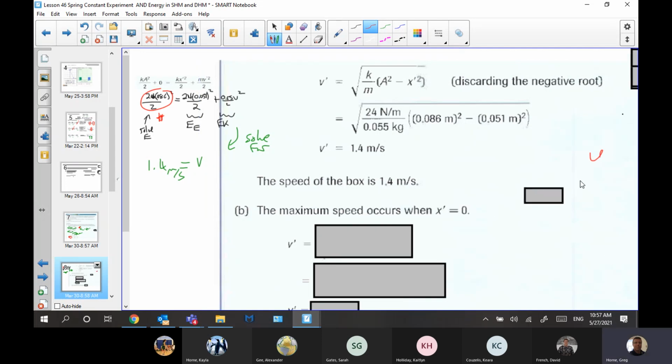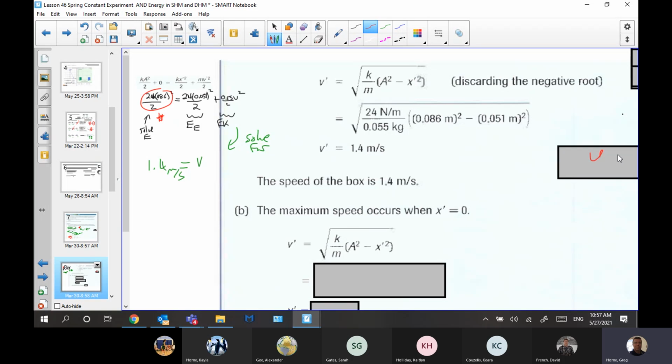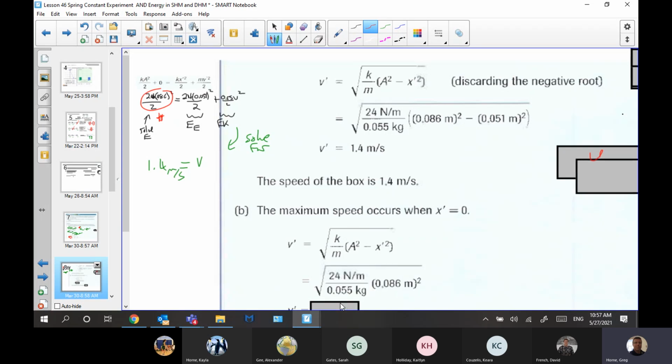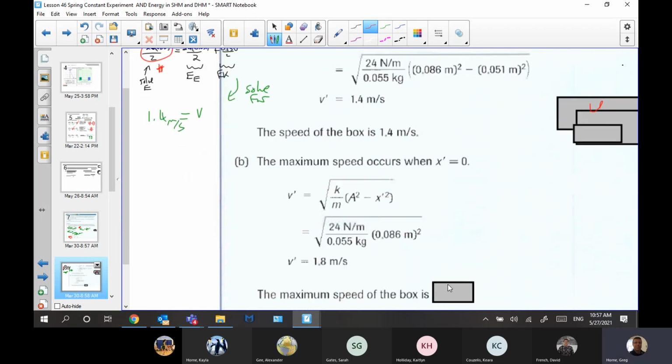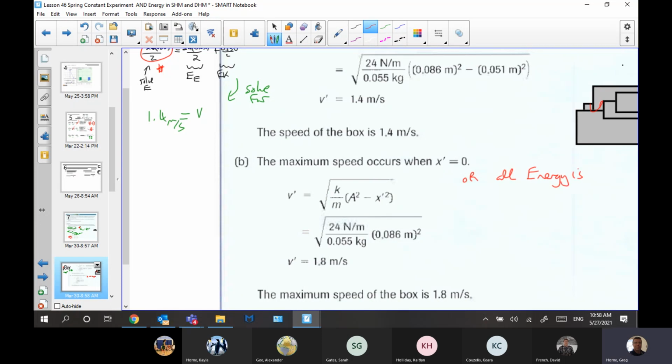All right. So when x equals 0, yeah, they're using that v result. But you could do that, or you could show good understanding by saying when x equals 0, picture all energy is EK, right?